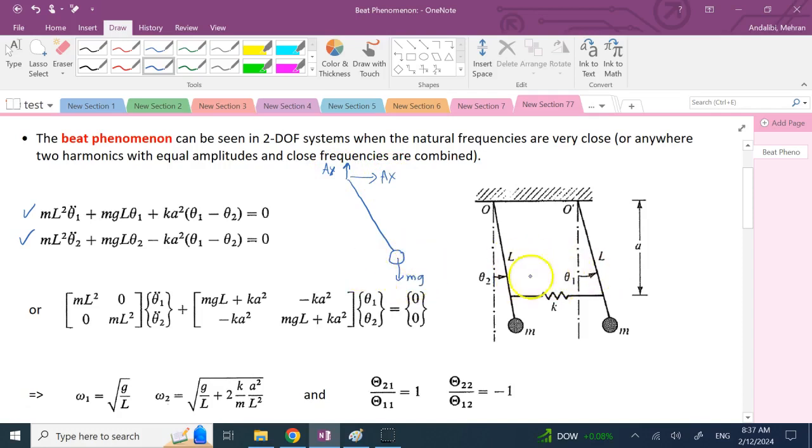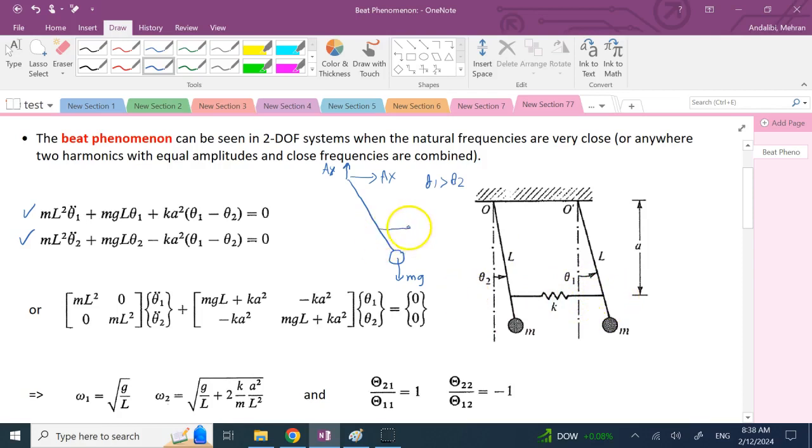Assume one angle is bigger than the other, so let's say theta 1 is bigger than theta 2. That means this spring is going to pull this pendulum to the right, and pull back the first one, the one on the right, to the left.